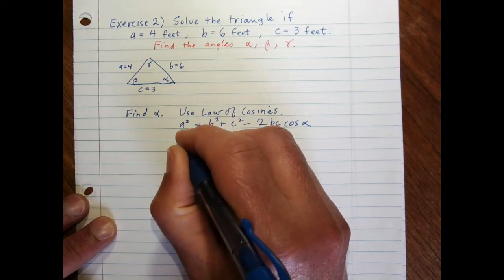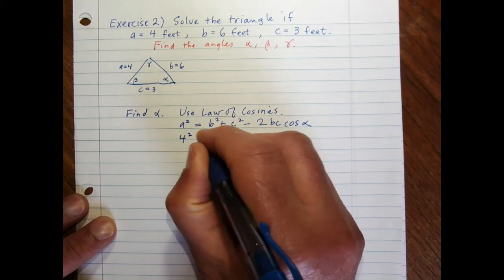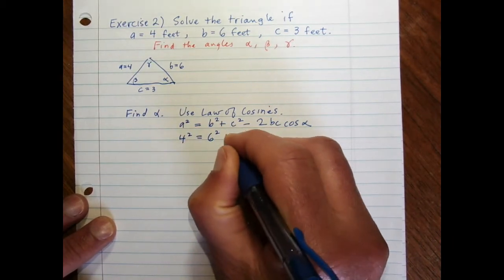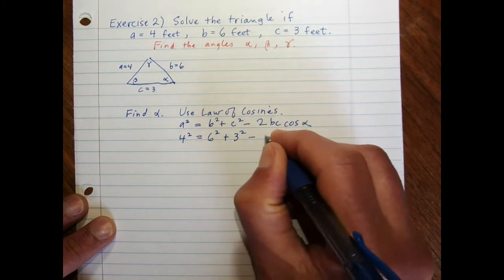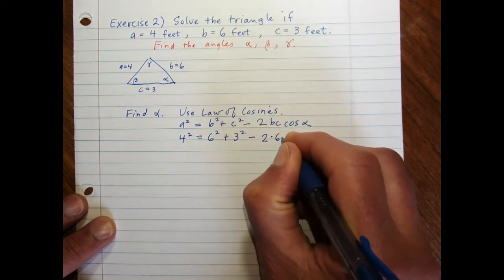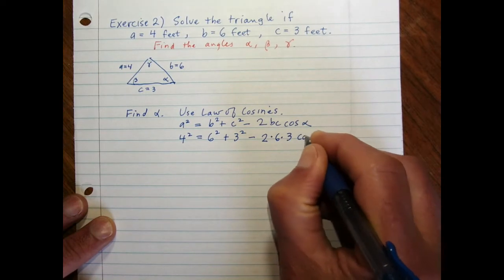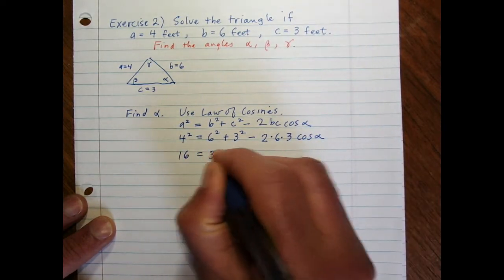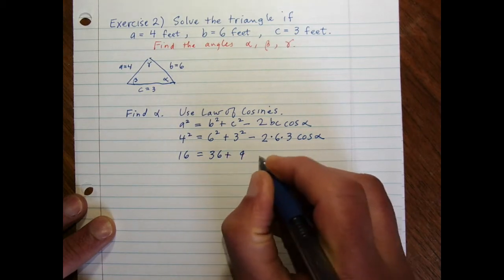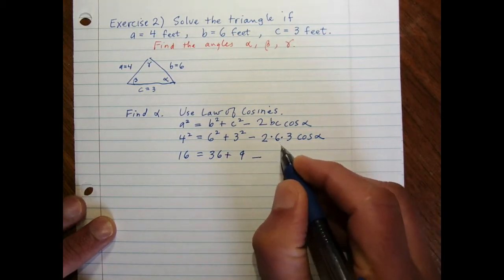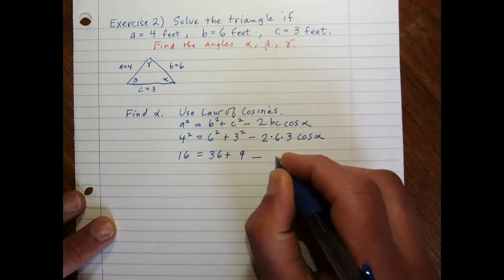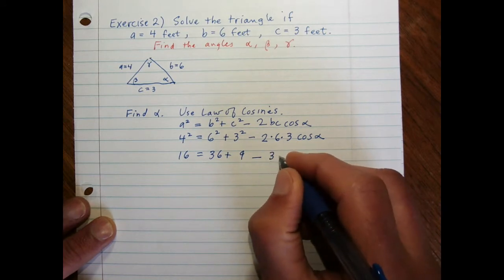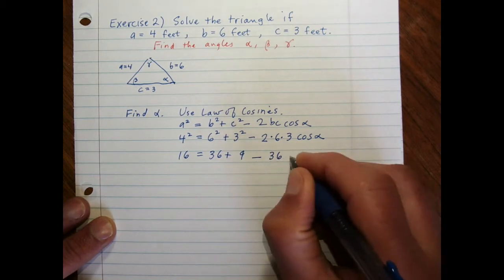So a squared is 4 squared equals b squared, 6 squared, plus c squared, 3 squared, minus 2 times 6 times 3 cosine alpha. That's 16 equals 36 plus 9 minus 36 cosine alpha.